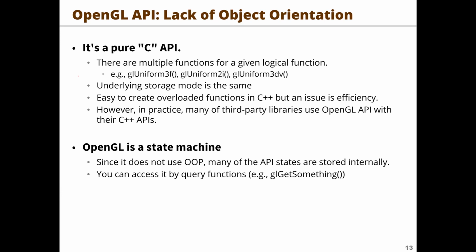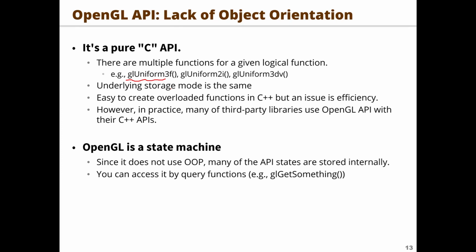So due to lack of object orientation and also C++ features, there are some shortcomings, such as overloading. So there are multiple functions for a given logical function. So suppose that we need glUniform. So this function actually sets a uniform variable.